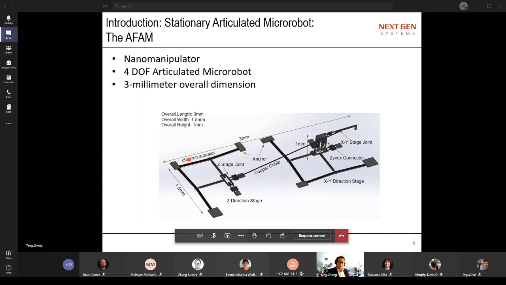When you add electricity, it heats up those beams, and then makes motion in X and Y, and through this copper cable, finally brings the motion to the tip of this microrobot. So this can also supply pitch, yaw, and XY motions of the tip in space.